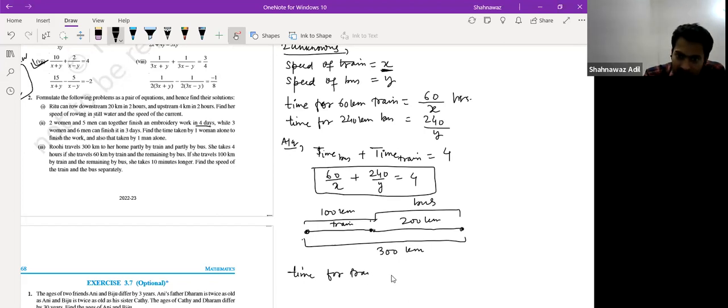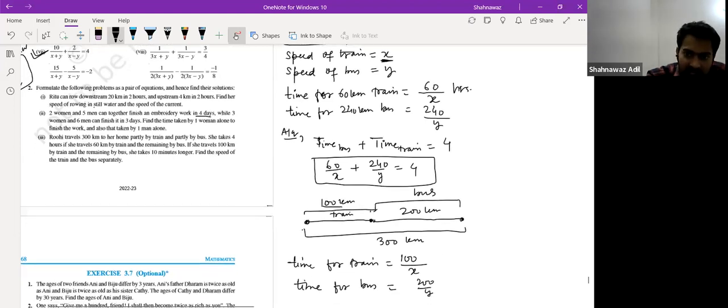Time taken by train is distance by speed, 100 by X, and time for bus is 200 by Y.